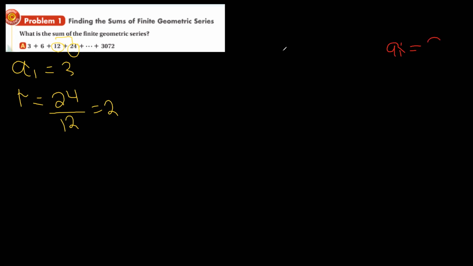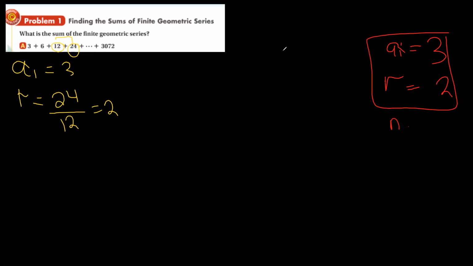Look at these numbers here. The first term is A1, which is 3. And how can I find the common ratio? By dividing two terms by each other, like 24 over 12, which equals 2.